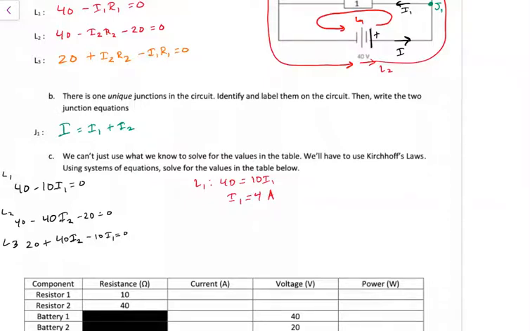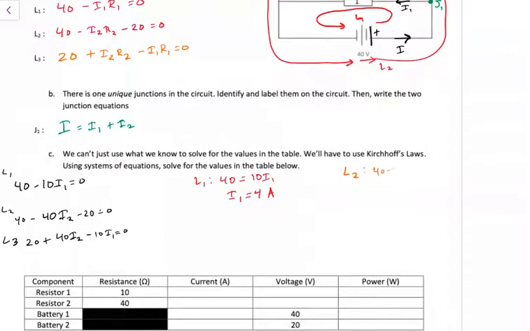I can also do the loop 2 equation separately: 40 minus 20 is equal to 40 I2, so 20 is equal to 40 I2, and I2 is equal to 0.5 amps. And then I can use my junction equation, I is equal to I1 plus I2, and I end up with a total I of 4 plus 0.5, so 4.5 amps.